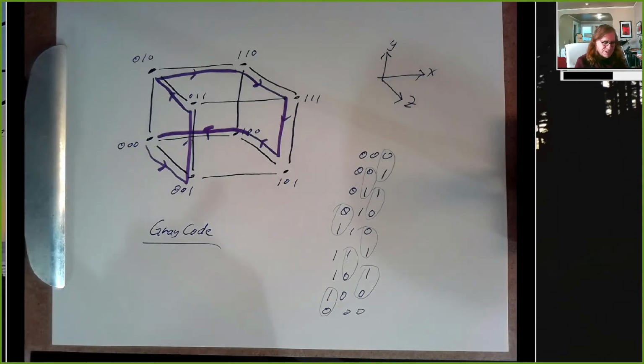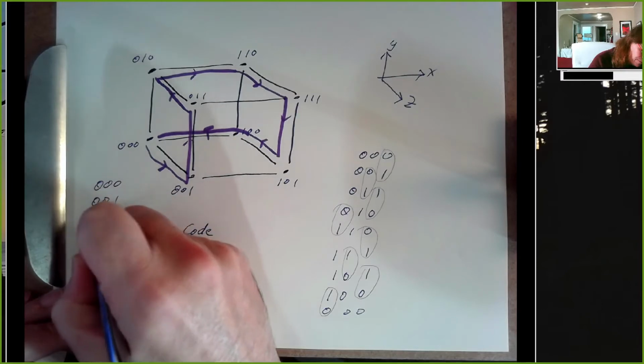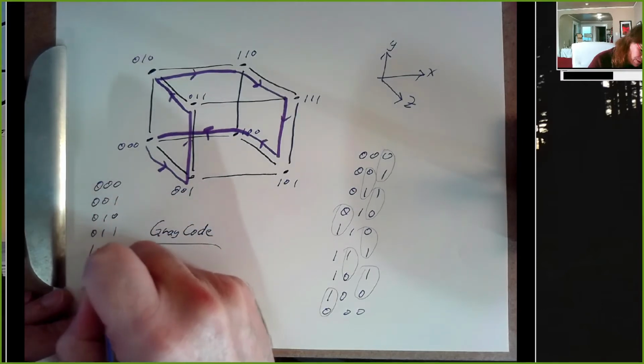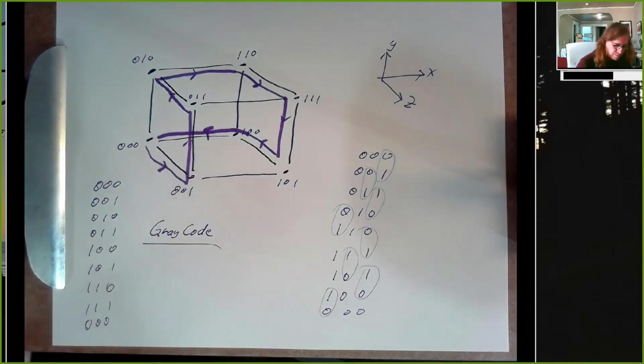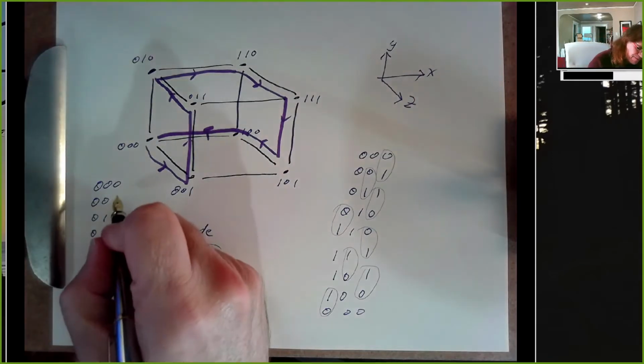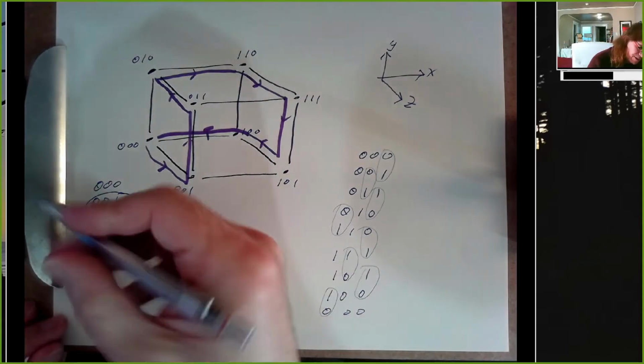And when we count in traditional binary, like this, there are cases where, for example, from here to here, we have 2 bits changing at the same time.